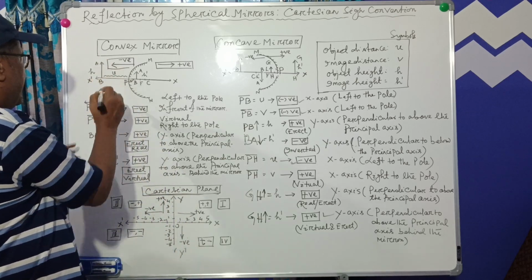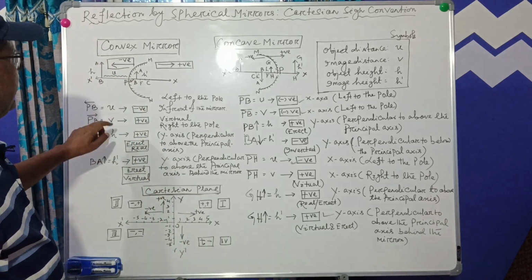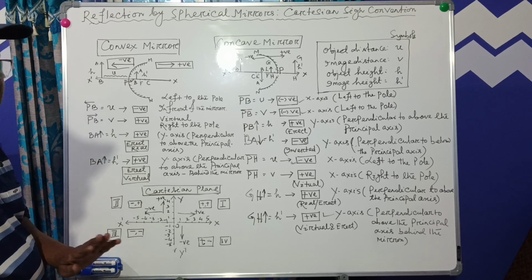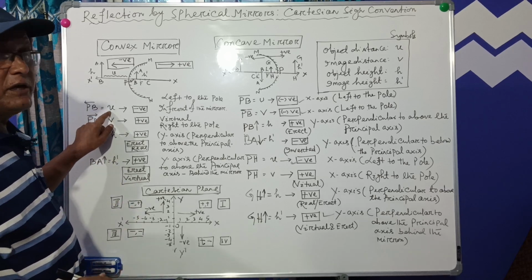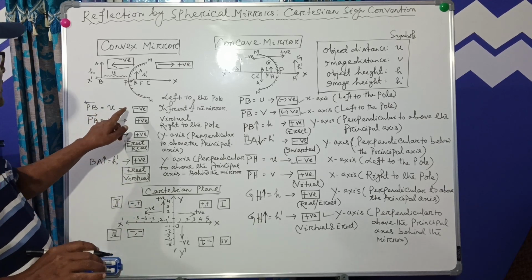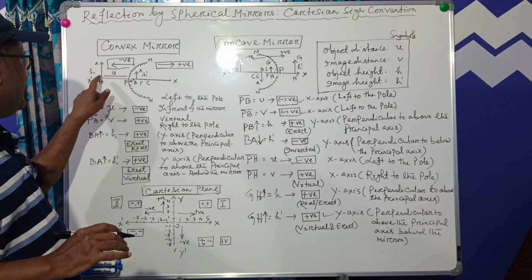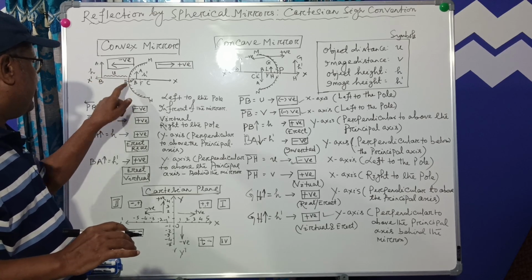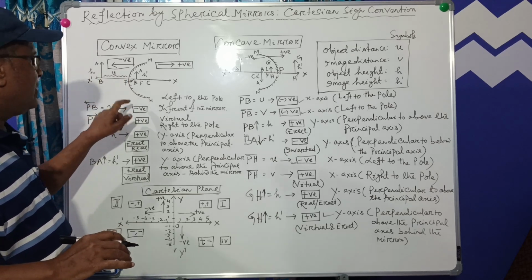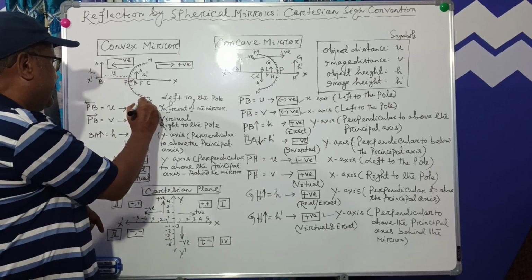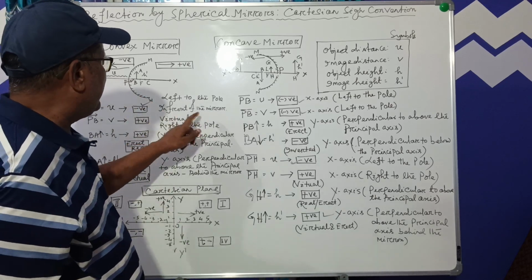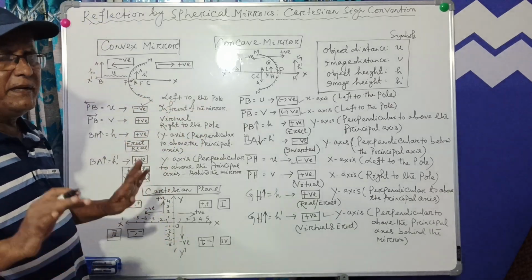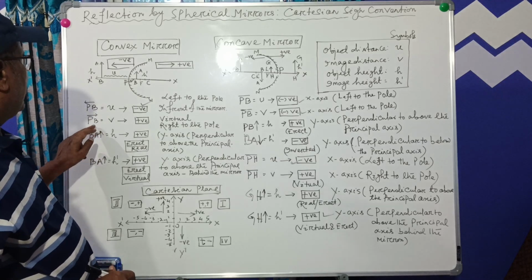For AB, the object is kept at B. So PB is the object distance, denoted by the symbol u. The object is to the left of the pole, in front of the mirror, so the PB distance is taken as negative. We have already mentioned this.